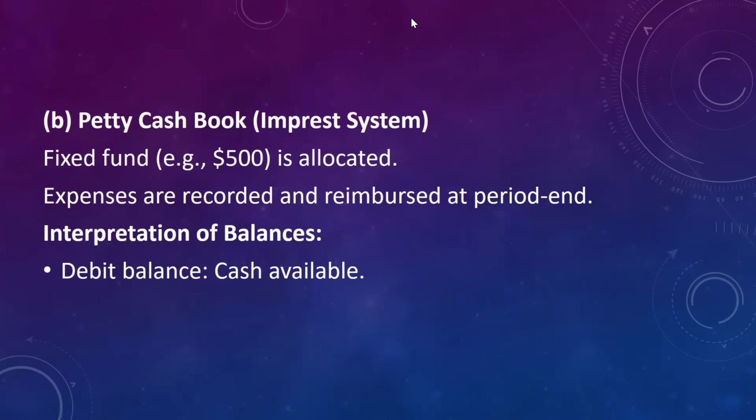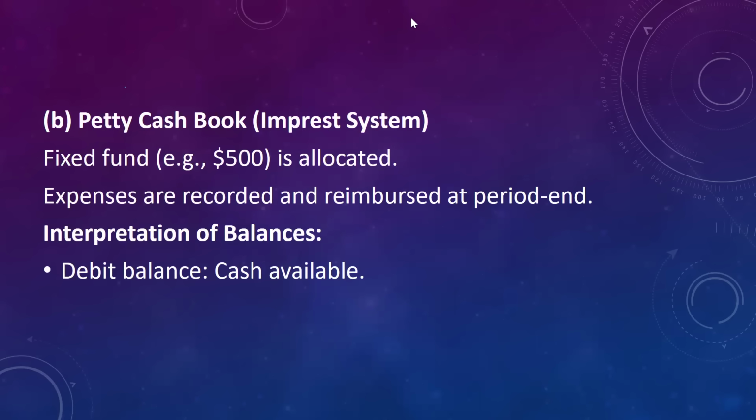So for petty cash, in businesses, to avoid using the main business account for small transactions, they might create a petty cash system where they put a small amount of money in the office called a float that they use every month to pay for small cash transactions. So for example, let's say it's $500.